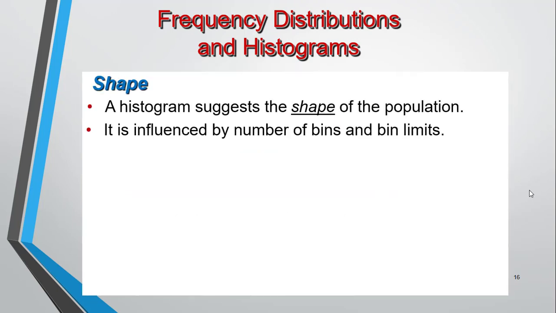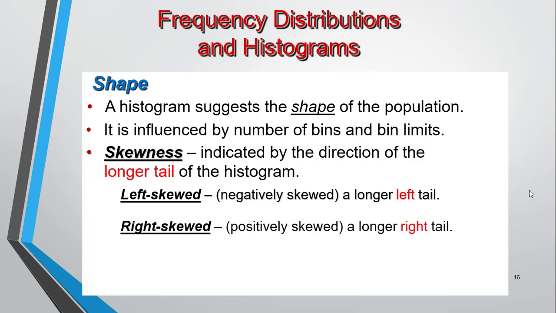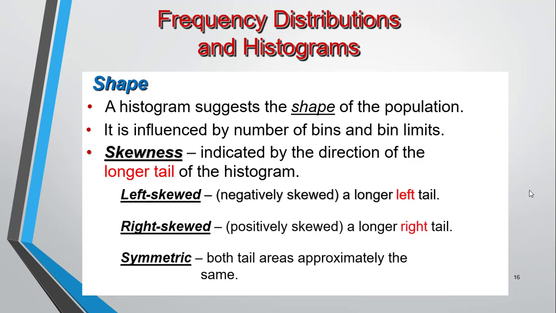Shape of the histogram. A histogram suggests the shape of the population. It's influenced by the number of bins and bin limits. And we can see sometimes the peak is symmetrical, but sometimes it's skewed to the left or right. Right? Skewness is indicated by the direction of the longer tail of the histogram.